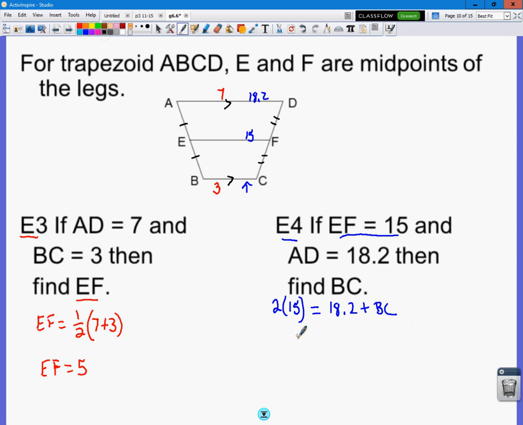Well, 15 times 2 is 30. And what would I do to get BC by itself? Subtract the 18.2. So BC is equal to 11.8. Questions on example 3 or example 4?